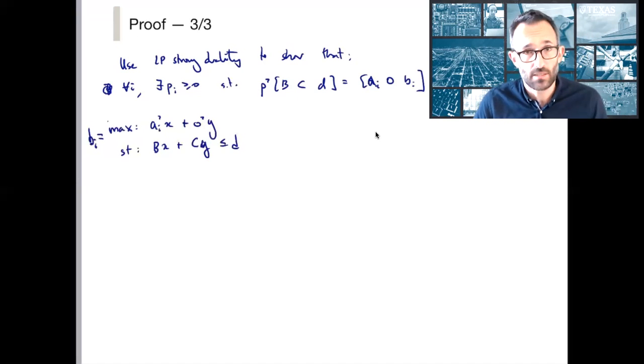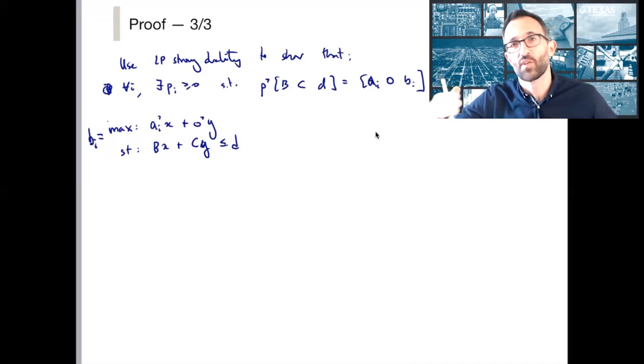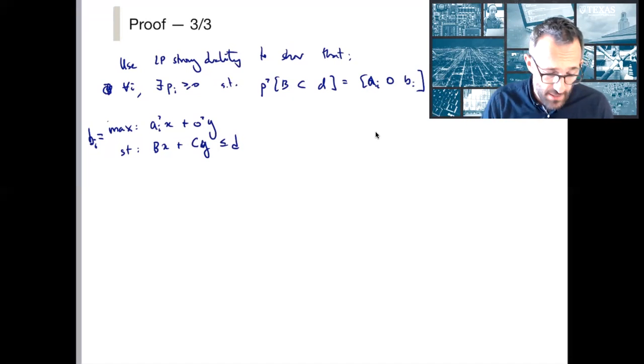It has to be, because this is just saying that there is some feasible x in P that satisfies the constraint Ai x less than bi with equality. Clearly, it's not going to be more, and if it were strictly less, it means we could just discard that inequality. All inequalities Ax less than b, in order for them to be needed, have to be satisfied with equality by at least one point in the polytope P.